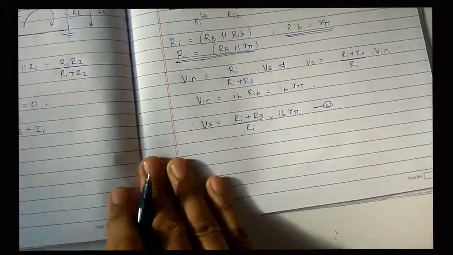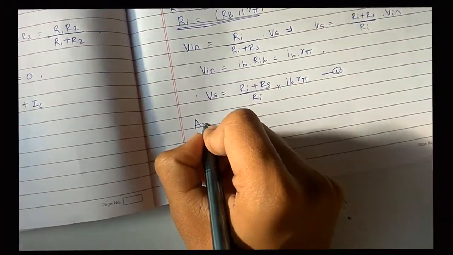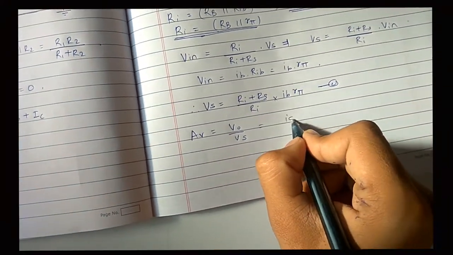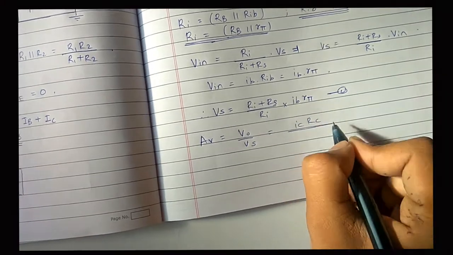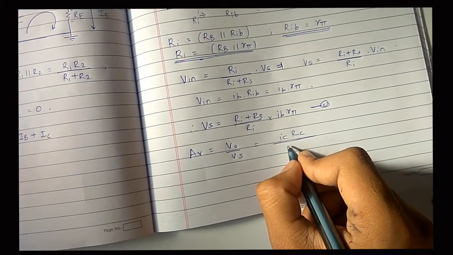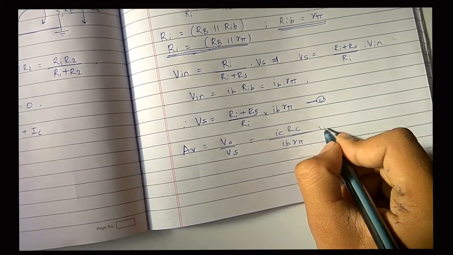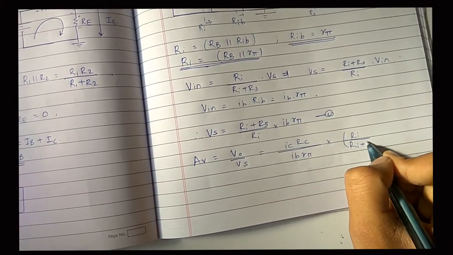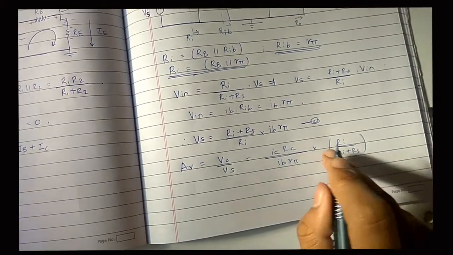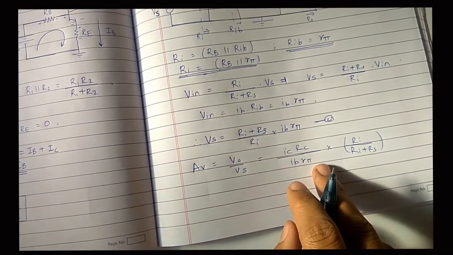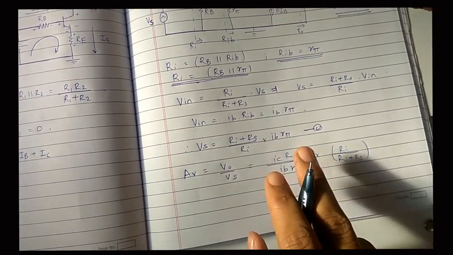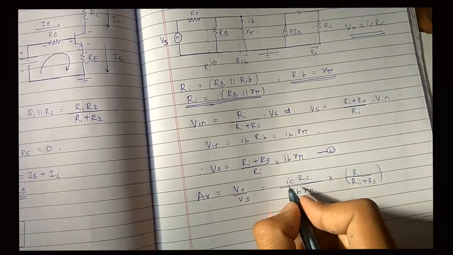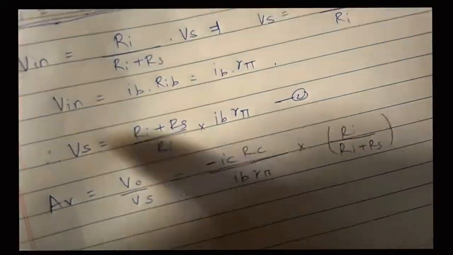The small signal voltage gain will be output voltage upon input voltage, that is equal to IC into RC divided by IB into R pi into Ri upon Ri plus Rs. From equation number 2, we have written the value of Vs. Now we know IC is equal to beta into IB, so IB and IB will get cancelled. Here is the phase shift.